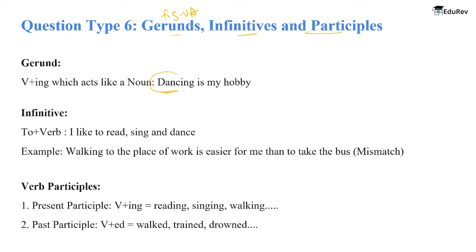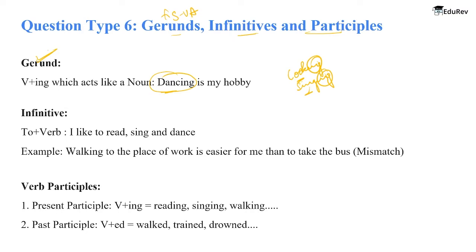So dancing is a gerund. So I say cooking is my hobby, or singing is my hobby. So the verb with ing which acts as a noun becomes our gerund.